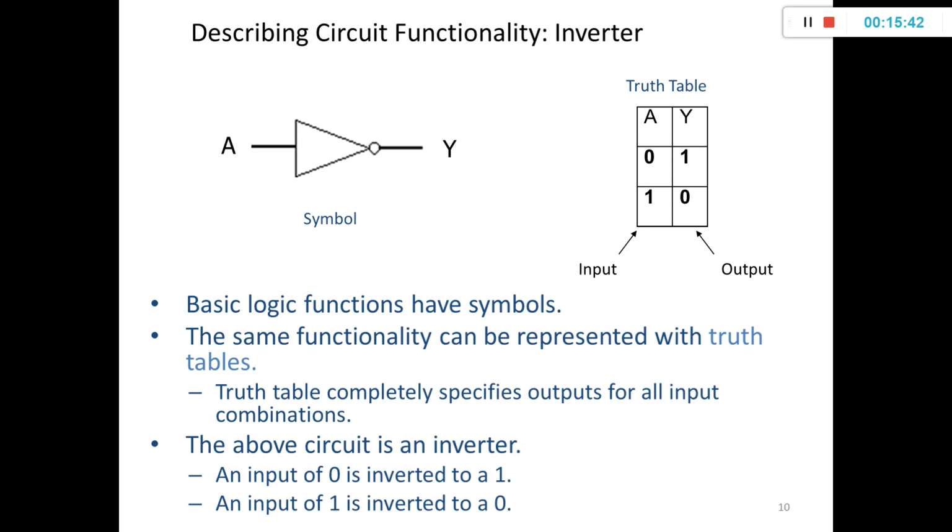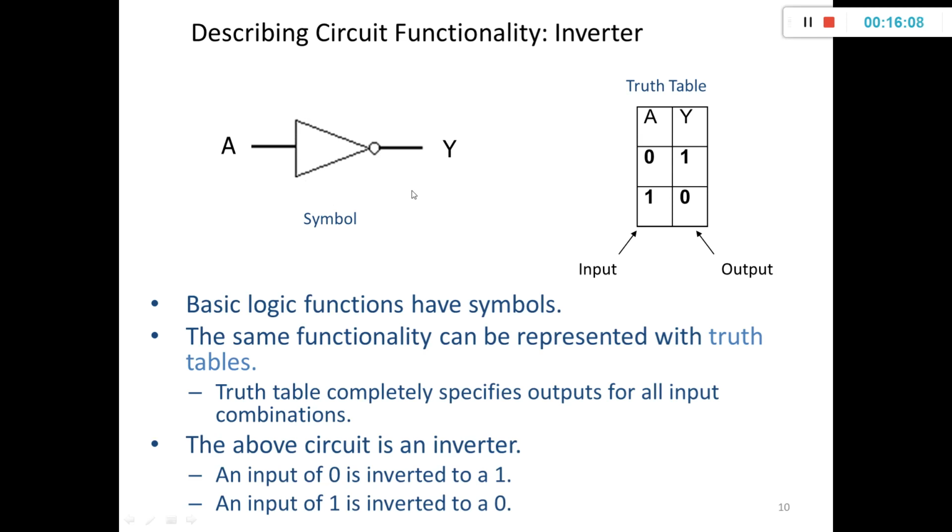The concept I am trying to tell is that you have to focus on the functionality of the circuit. Here I have considered a simple inverter because I want you to understand its functionality. It may be a simple AND gate, a simple OR gate, an XOR gate, whichever. You have to think about the functionality of the logic circuit given.